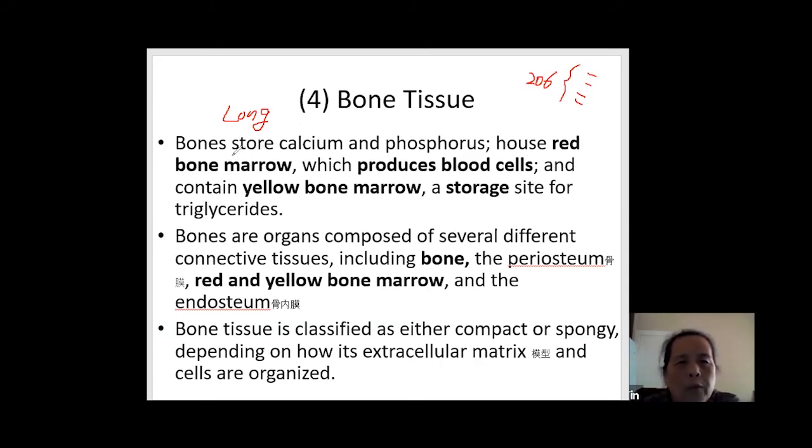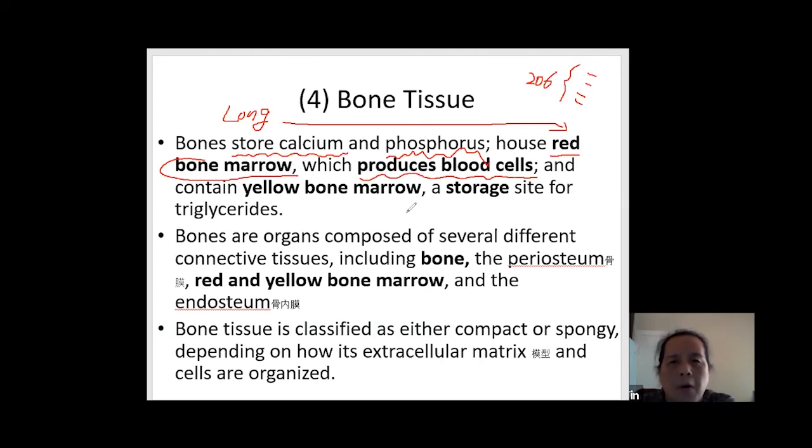All of the bones are mainly for storing calcium. And also, especially the long bone and some of the flat bone, they can host red bone marrow. Red bone marrow truly has the function of producing blood cells.